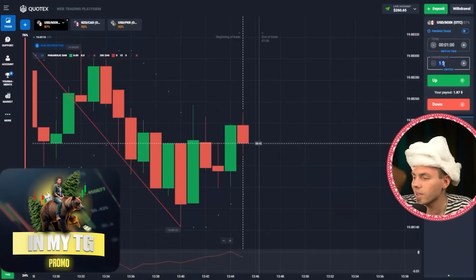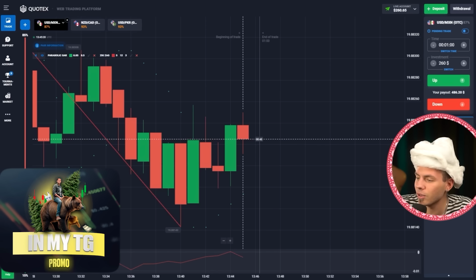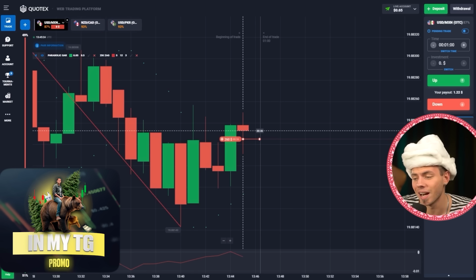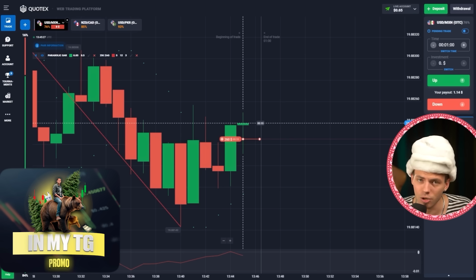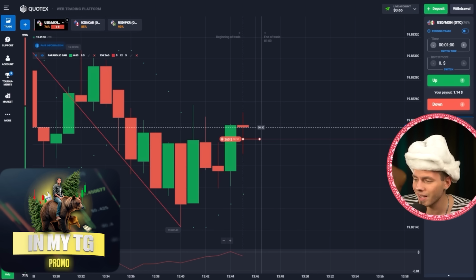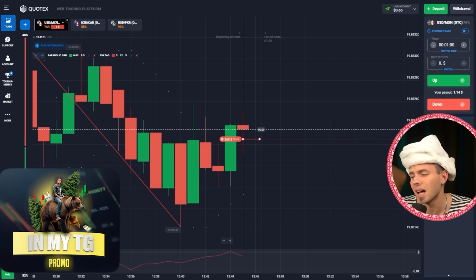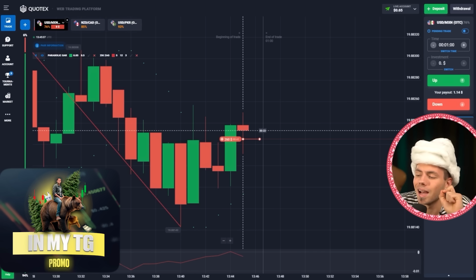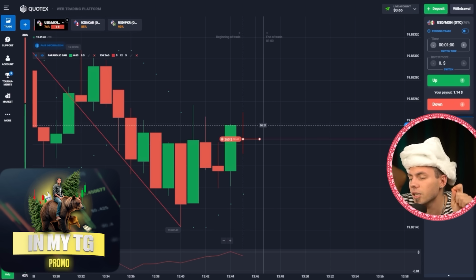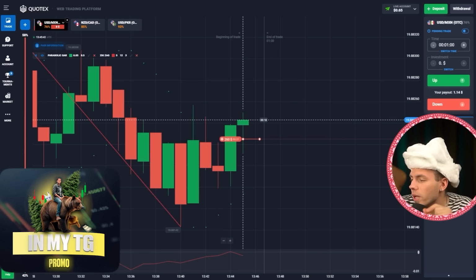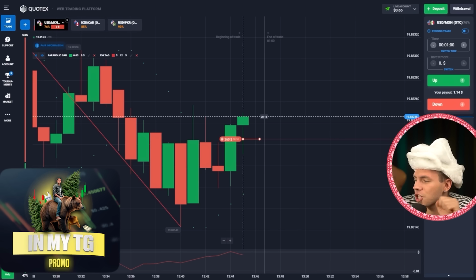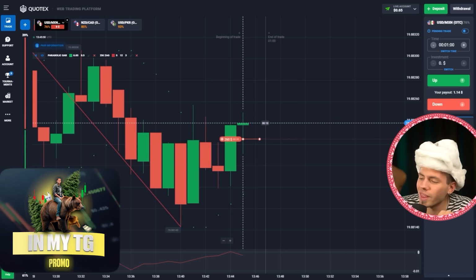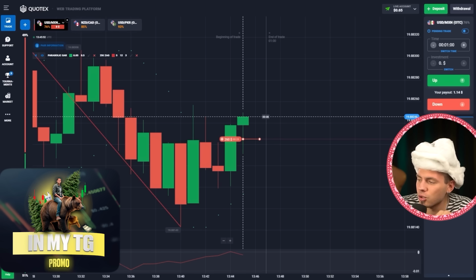Okay, we are moving on to the next trading pair. Let's set the amount to $160, and right now I'm opening a sell trade over here. Here, guys, we have a pretty obvious situation right now. I will explain to you. The thing is that we have very strong resistance over here, but the resistance is not one specific level, you know. Here we have a resistance range between 19.88220 and 19.88260.